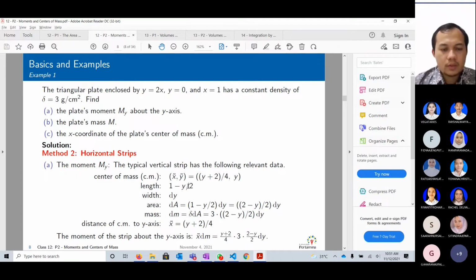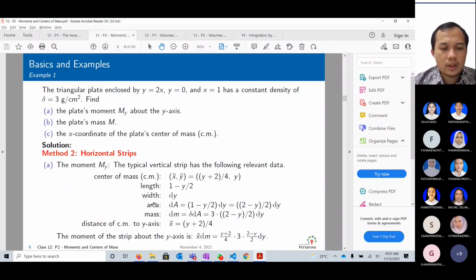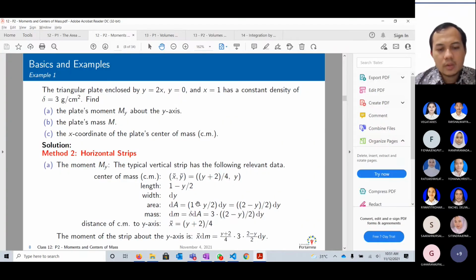With the width of the strip being dy, the area is dy multiplied by the length. So 1 minus y over 2 dy times 1 minus y over 2 times dy, so that the mass now becomes like this.